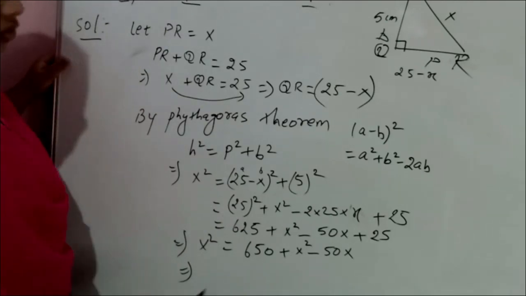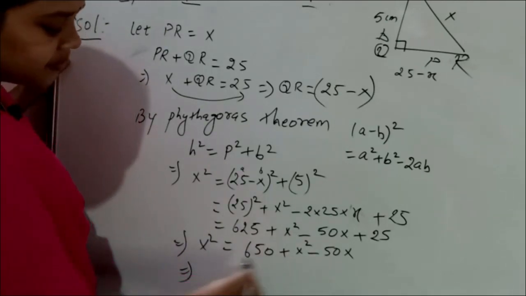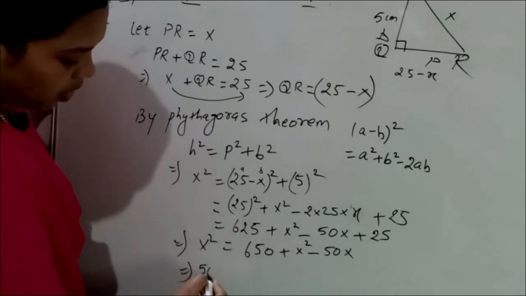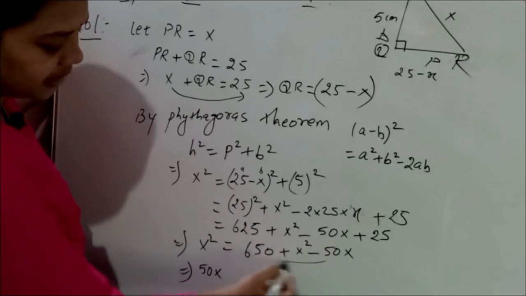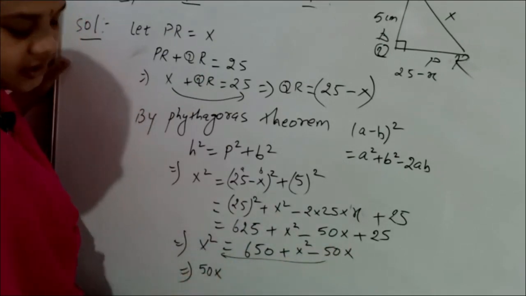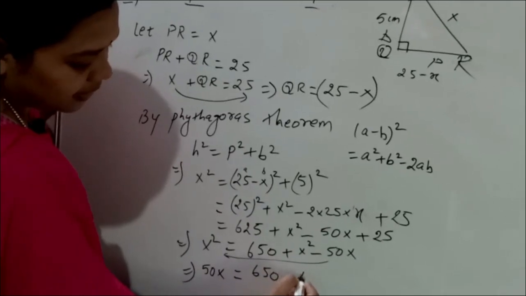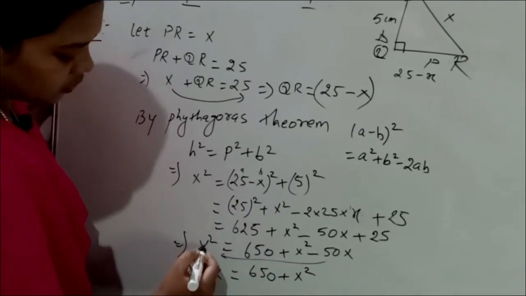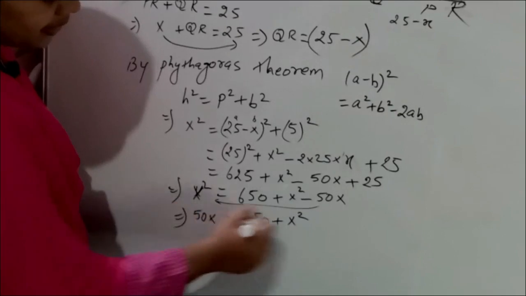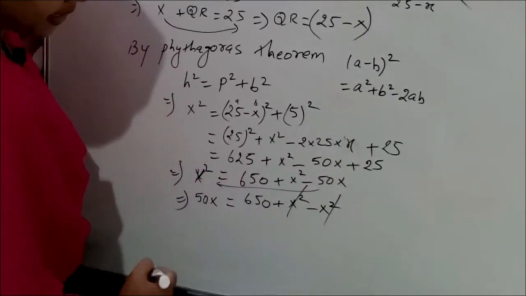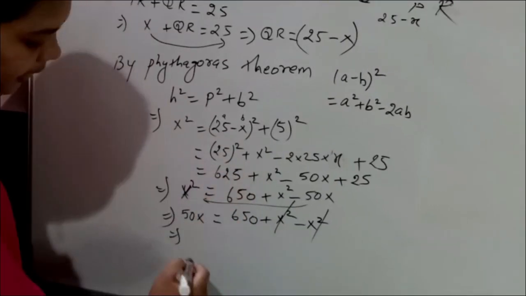Next, what will we do? Minus 50x, bring to this side. Here it is negative, here it will be positive. Now 650 plus x square; this x square, take to that side as minus x square. Then these two will cancel.